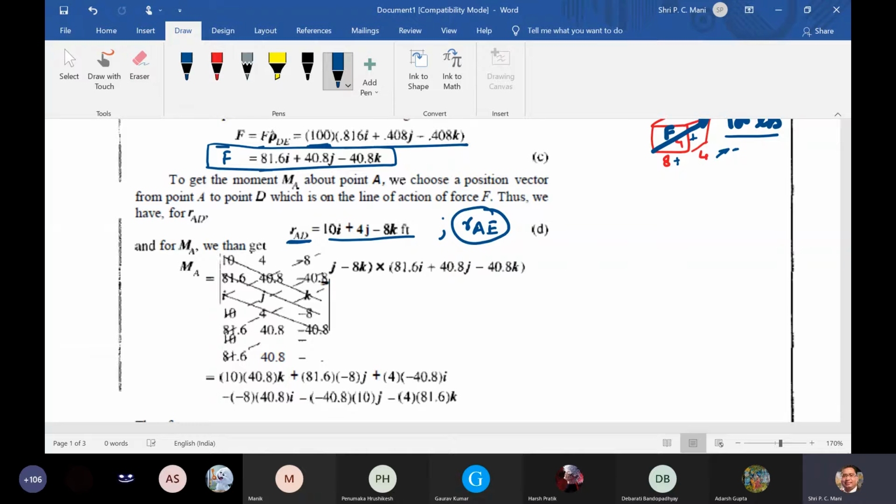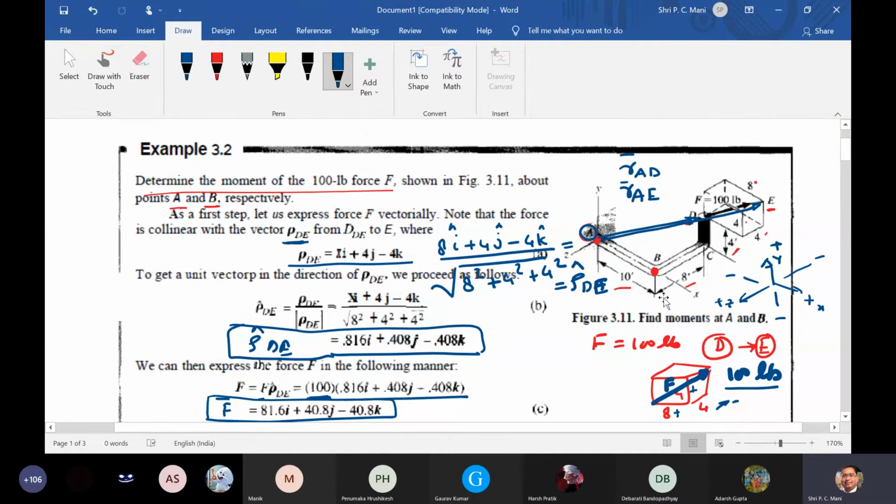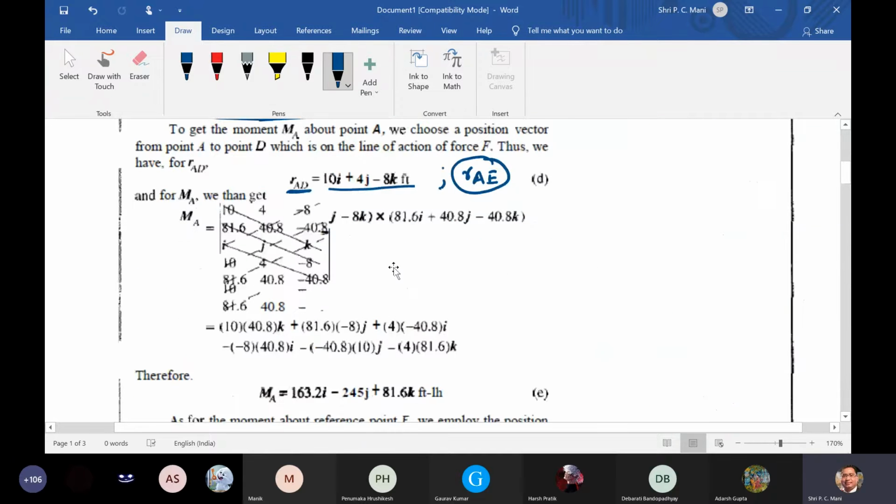So if you want the value of r AD, that is A to D, how much? This is 10, 8 and 4. 10 is in the x direction, 8 in the z direction and 4 in the y direction. So 10i, 4j and minus 8k.